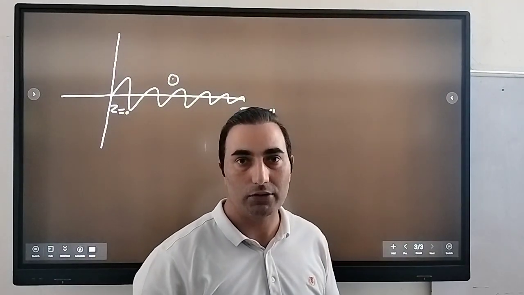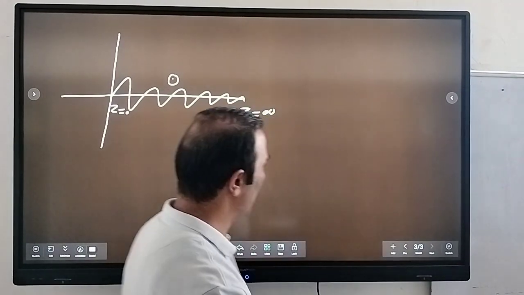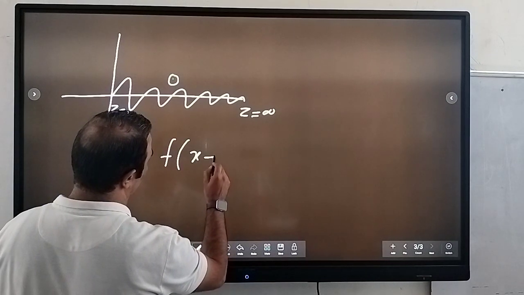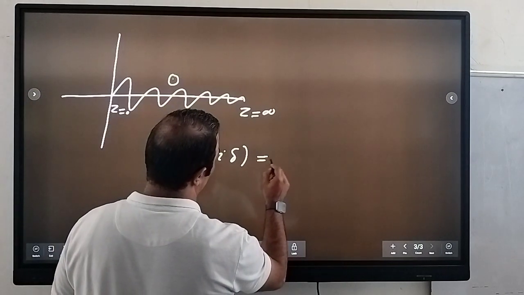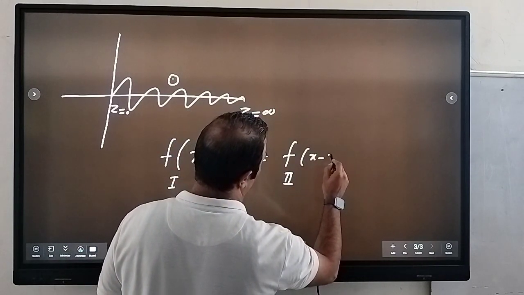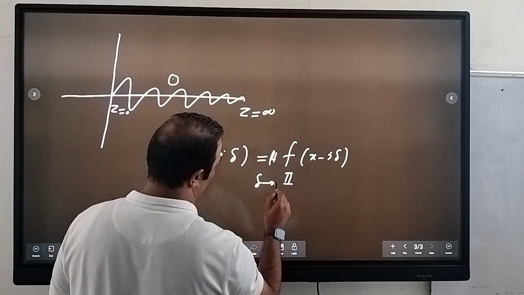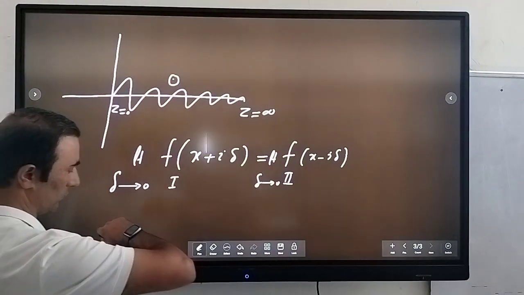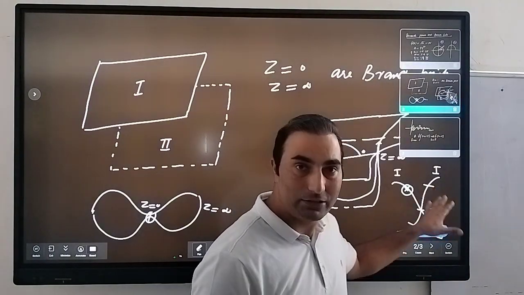I choose some point which lies at a distance of some epsilon above the real axis, and we can write the function at x plus i delta in the first sheet equal to x with the limit delta. Okay.